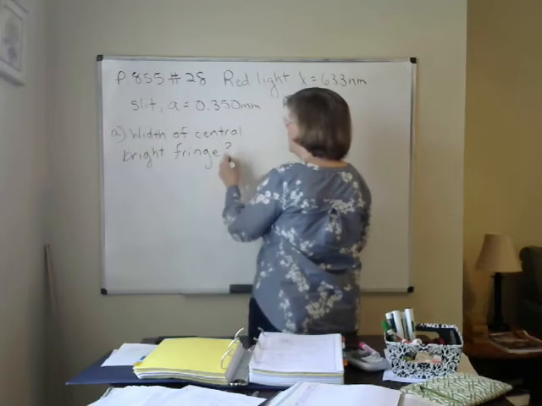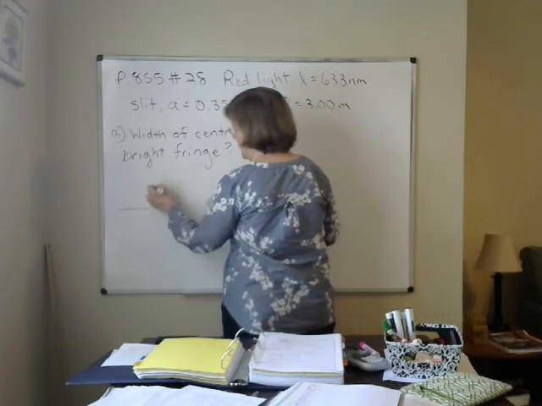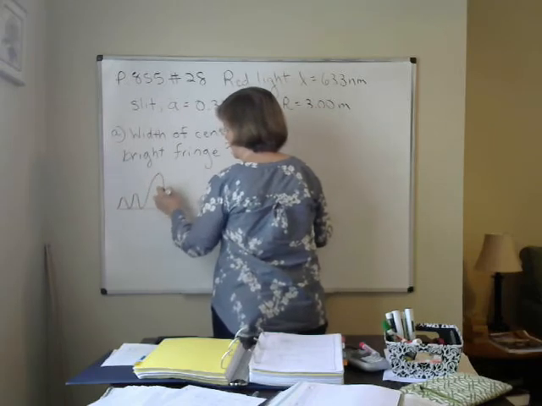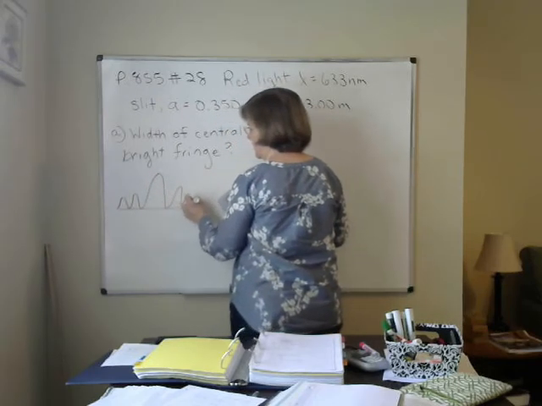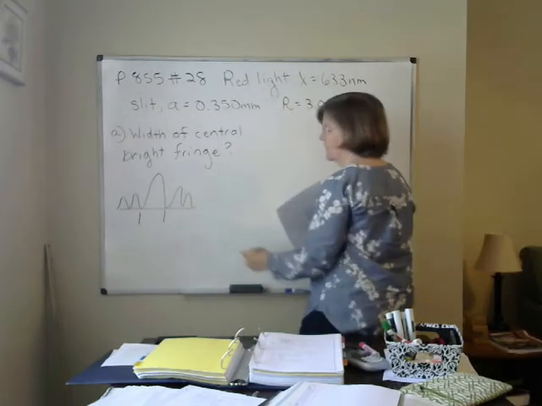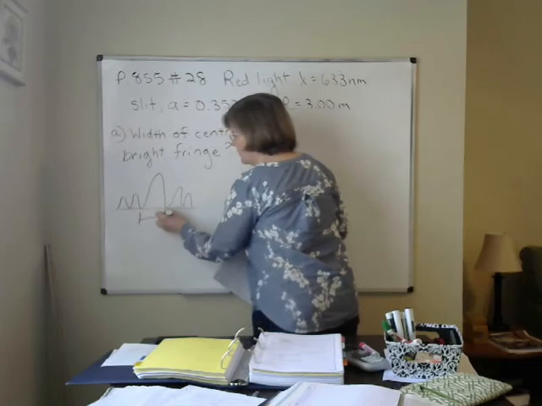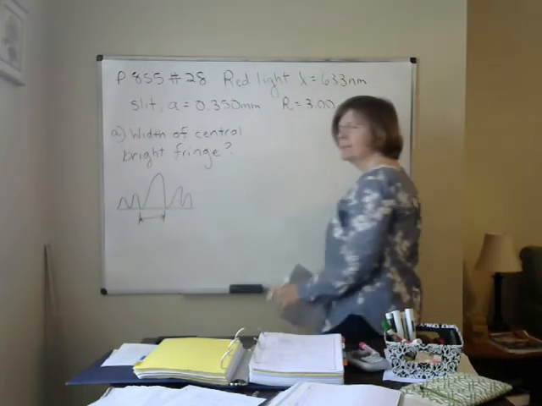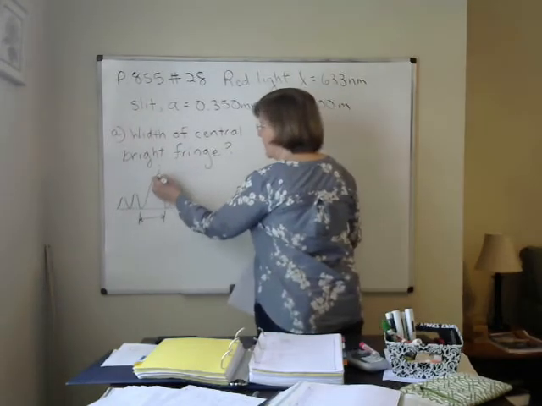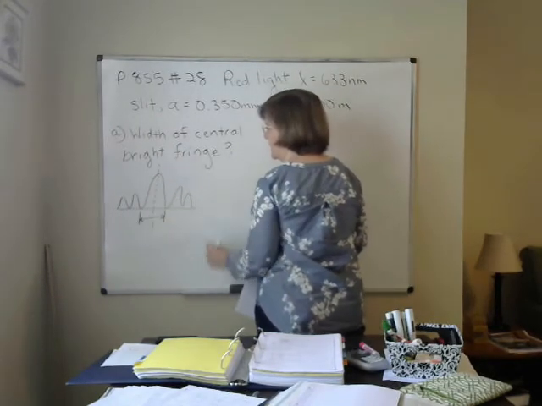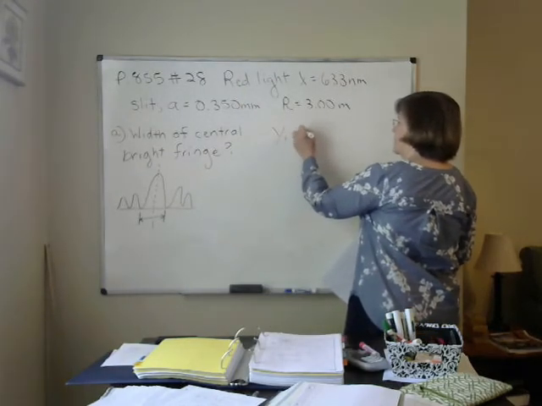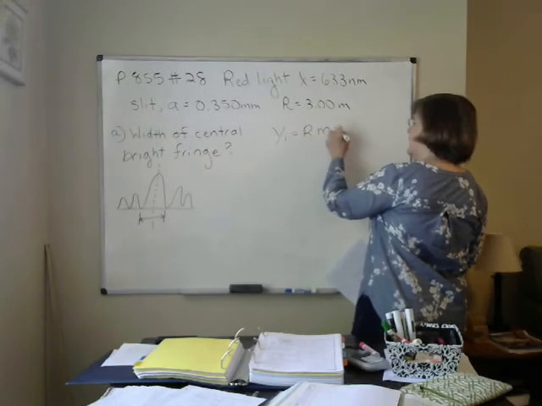When they want the width of the central fringe, we know the pattern looks like this. How far is it from here to here? That's the distance they're looking for. The distance between those two minimums is the width of the central fringe. So we just need to find the location of y1. y1 is equal to r m lambda over a.